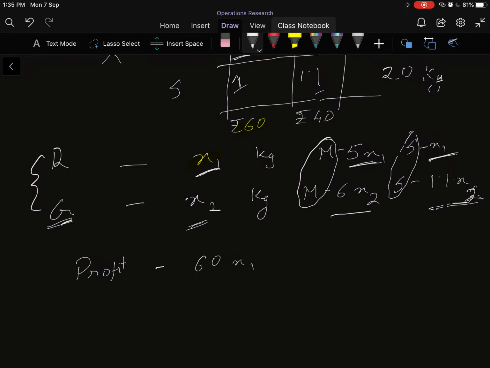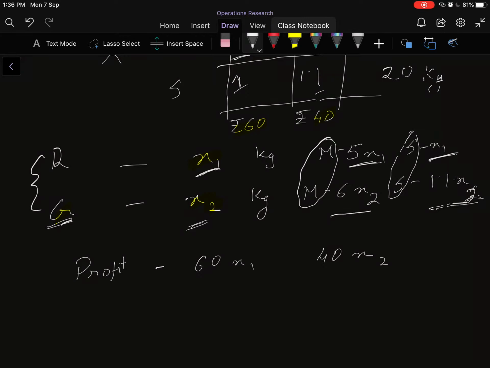Similarly, by selling 1 kg of gulab jamun, he makes a profit of 40 rupees. Therefore, if he sells a total of x2 kg of gulab jamun, then he makes a total profit of 40 into x2.